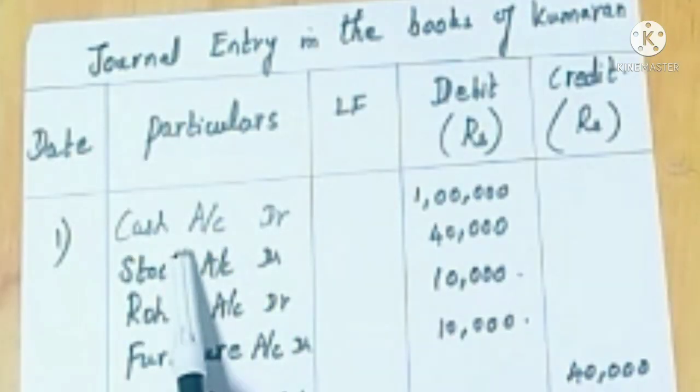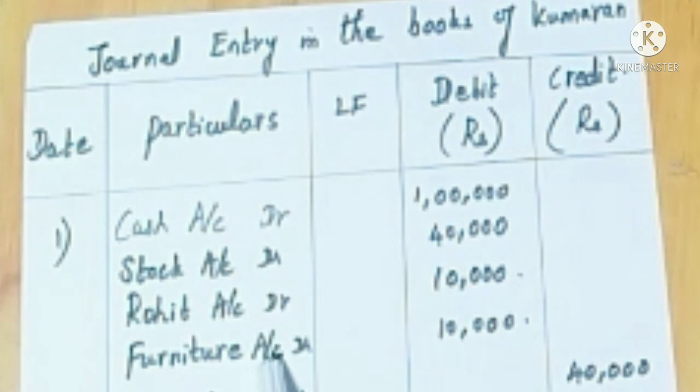Okay, this is how we have to pass the journal entry if the previous year's assets and liabilities are brought forward.